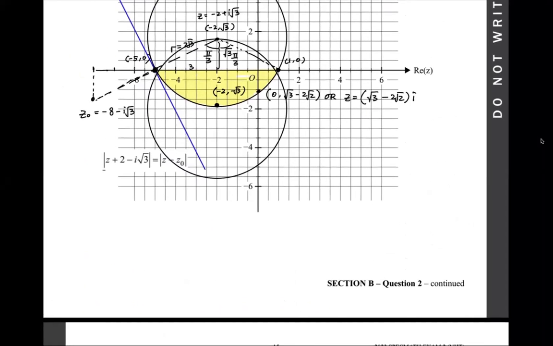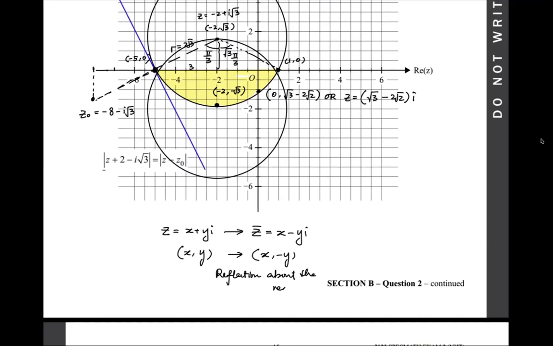Basically, this is a linear transformation like z equals to x plus yi mapped to z bar equals to x minus yi. So think about the coordinate changes. xy is transformed to x minus y. So it's a reflection about the x-axis or about the real axis on the Argand diagram, okay?